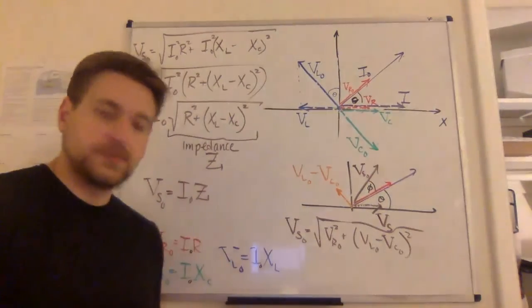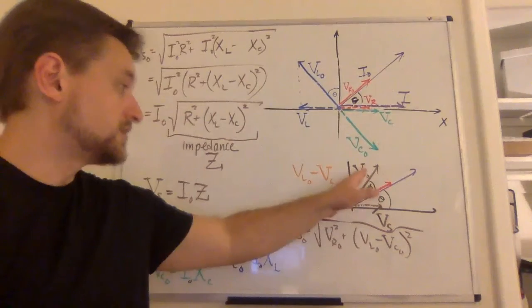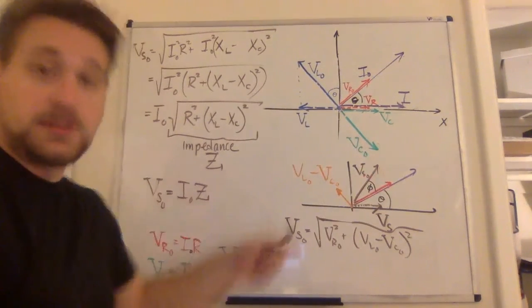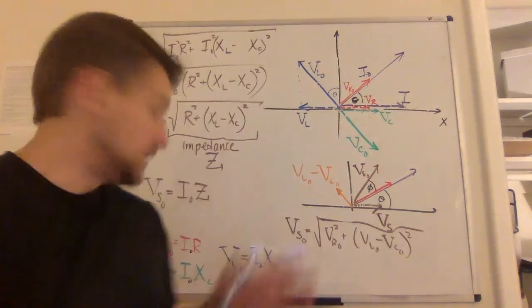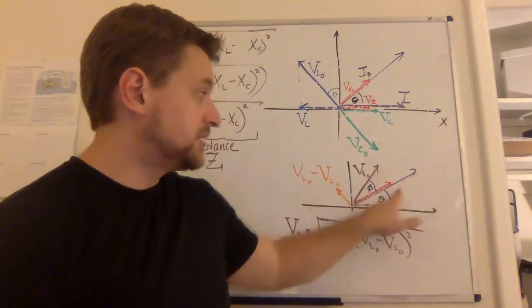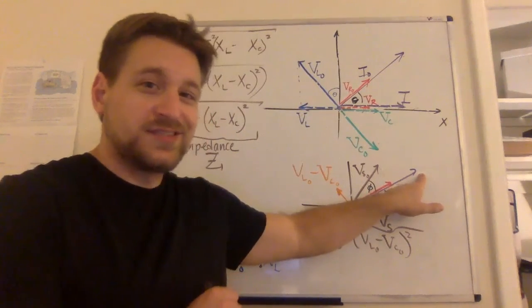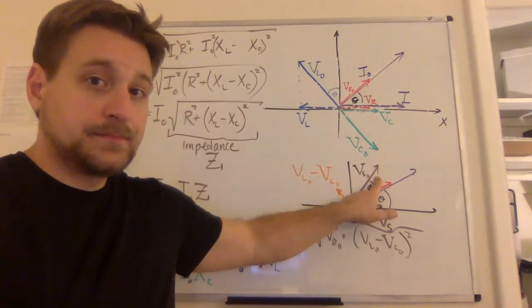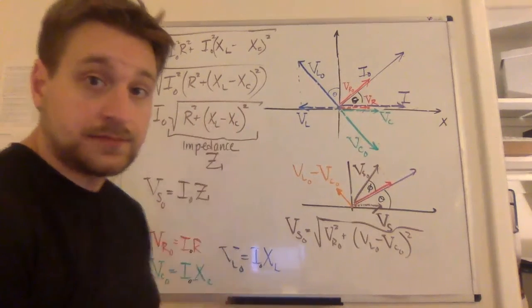The source voltage is at a different angle relative to the source current, or the current in the entire circuit. The function generator is a current source. That's the big news. The voltage across the source might be slightly out of phase with that, just because of the interaction of all the different pieces here.